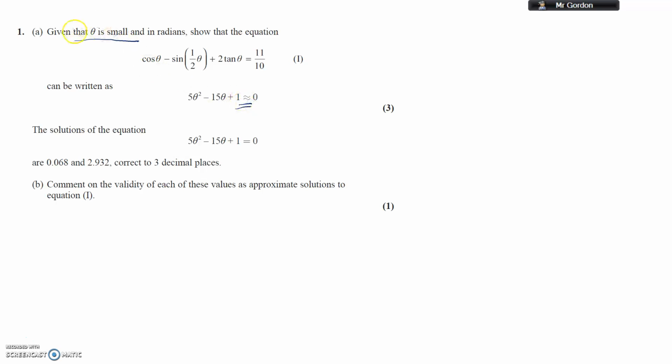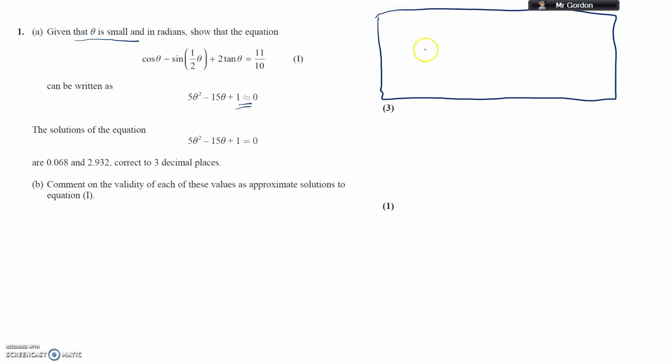So we're talking about theta being very small and approximations. This topic has some information that you should know for this question, and it might take some revision if you do not know these relationships. So cos theta, when theta is small, can be approximated to 1 minus theta squared over 2.